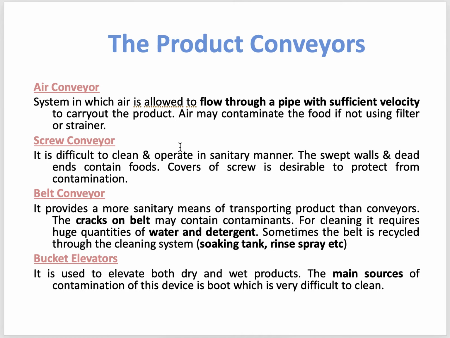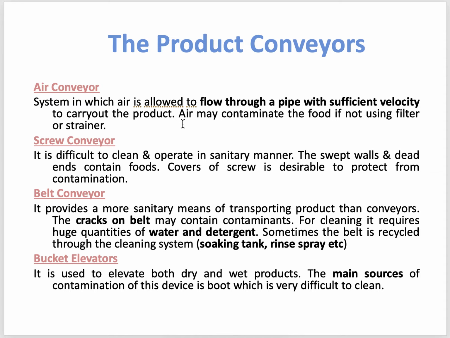So the air conveyor. In an air conveyor, air is allowed to flow through a pipe with sufficient velocity to carry the product. So that means in an air conveyor, we use air to transfer our product from one place to another.